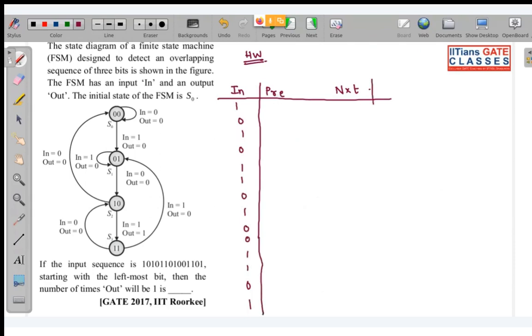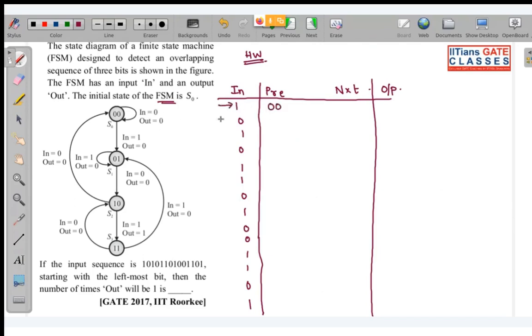This is your present state, this is your next state, and over here you are going to write the output. Initially you start from 0 0, the initial state S0 of the finite state machine. We will discuss FSM in the next class, but today there is no concept of FSM over here. Look, the input sequence has been given, and you start from S0, which is 0 0.